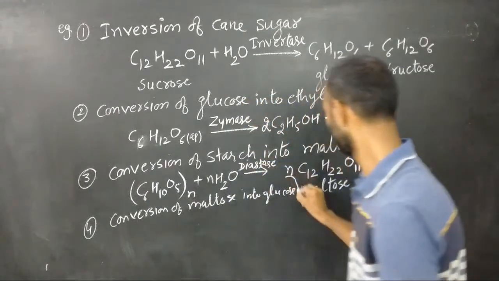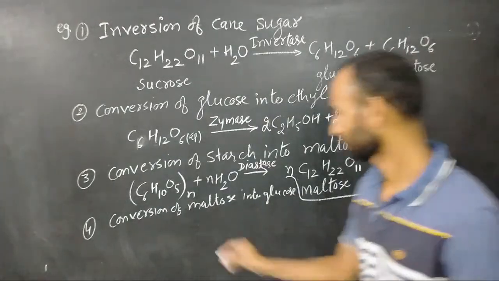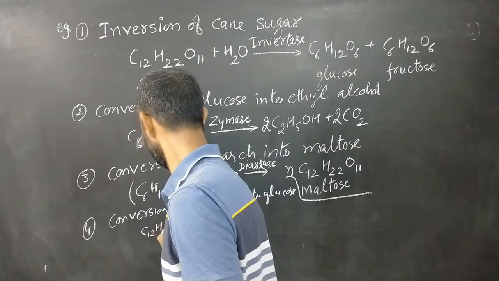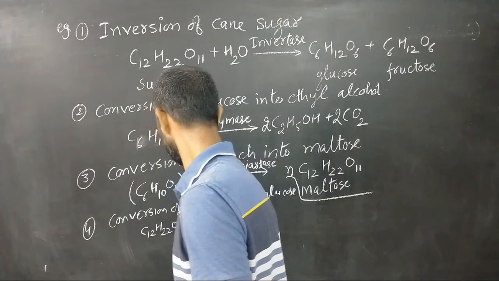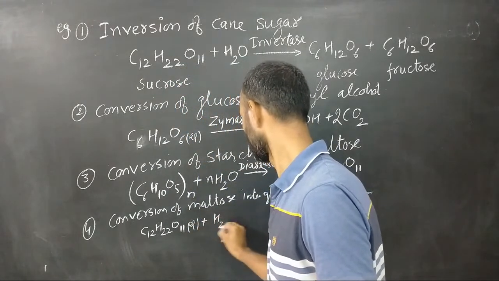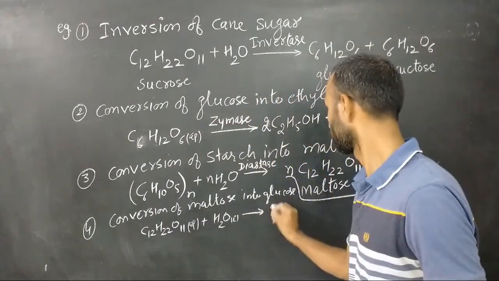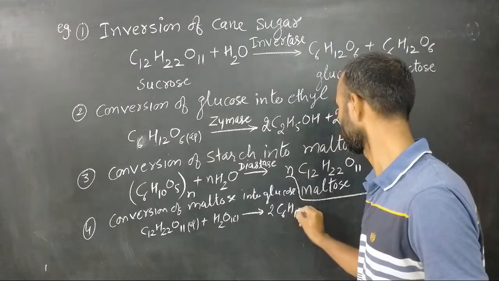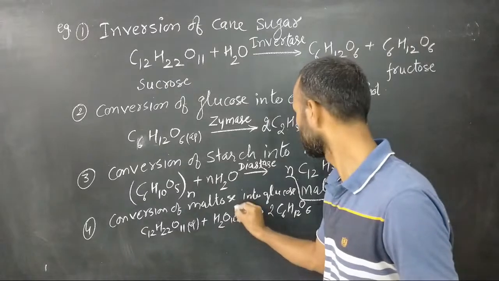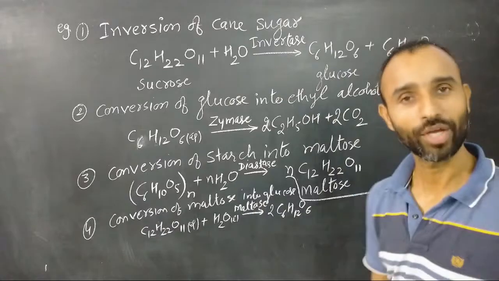To convert maltose into glucose, we use maltase. C12H22O11, on hydrolysis, we get 2 moles of C6H12O6, and enzyme used is maltase. Okay.